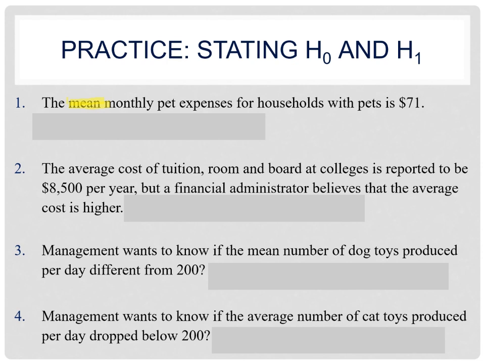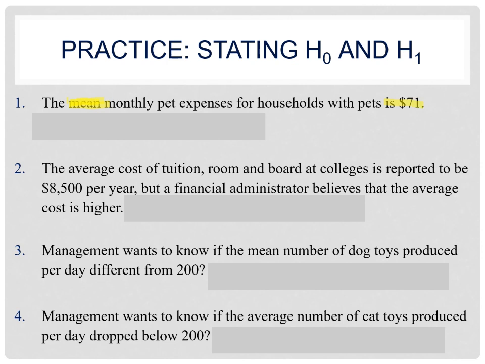So H naught should be, if you remember what we showed a few slides ago, H naught should be parameter equals some number. And that's always the one that's assumed to be true. So right now, what are we assuming? We're assuming the mean, mu, monthly pet expenses for household with pets is $71.